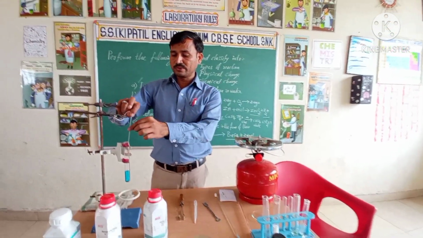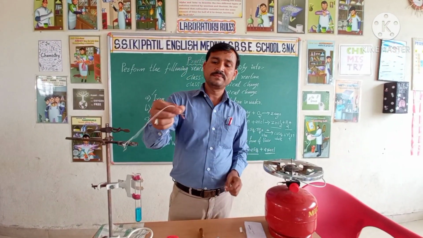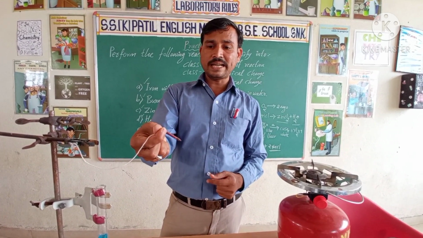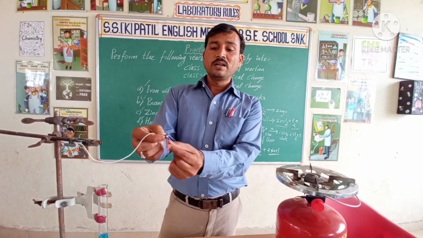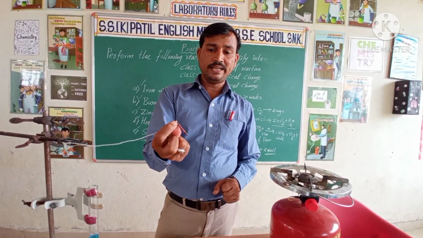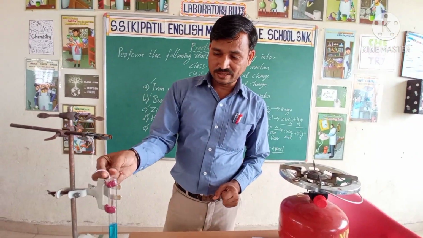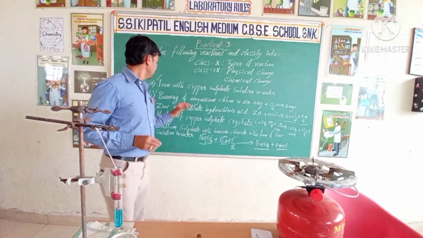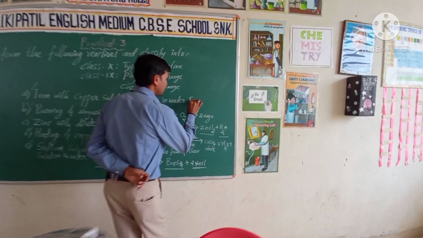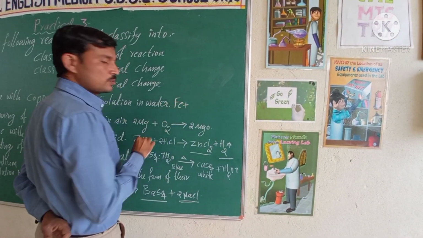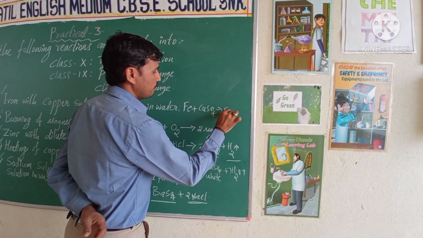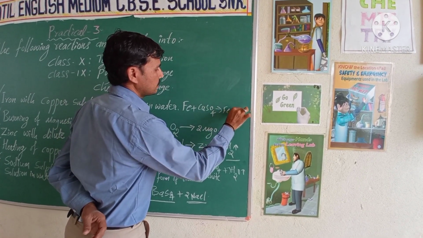First one also, students. What is this? Now the iron screw has copper particles deposited on it, right? Copper crystals are there on this iron knife. Then what is this reaction? Iron in the form of a nail reacts with copper sulphate and gives ferrous sulphate plus copper.